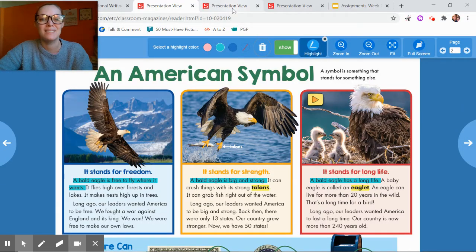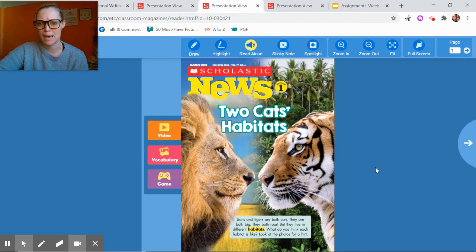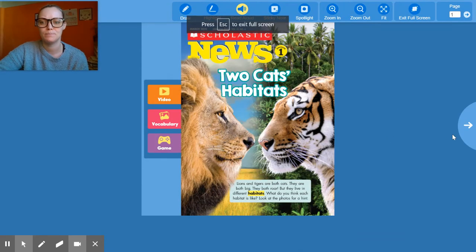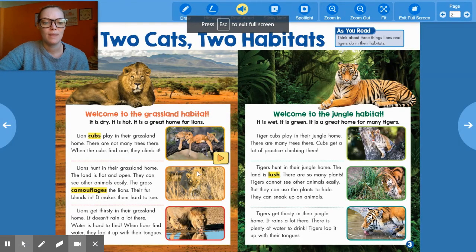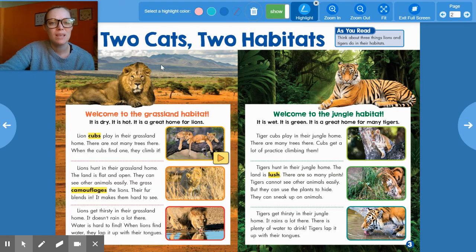Let's take a look at our next one, which is Toucats habitats. My highlighter tool ready? Toucats, two habitats. If we look at each paragraph, it will have a general fact.